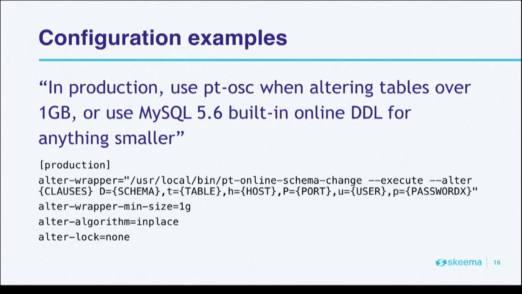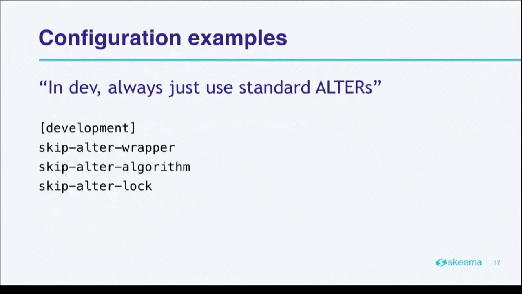So if you're using the new support for online DDL that's built in to MySQL, you can't really use it on large tables because you'll get replication lag. But for small tables, it's relatively safe. You might want to configure things so that in development, you just use standard alters, no algorithm equals online, no pt-osc. So in Skeema, you can configure it so that development doesn't use those, but production and staging does.